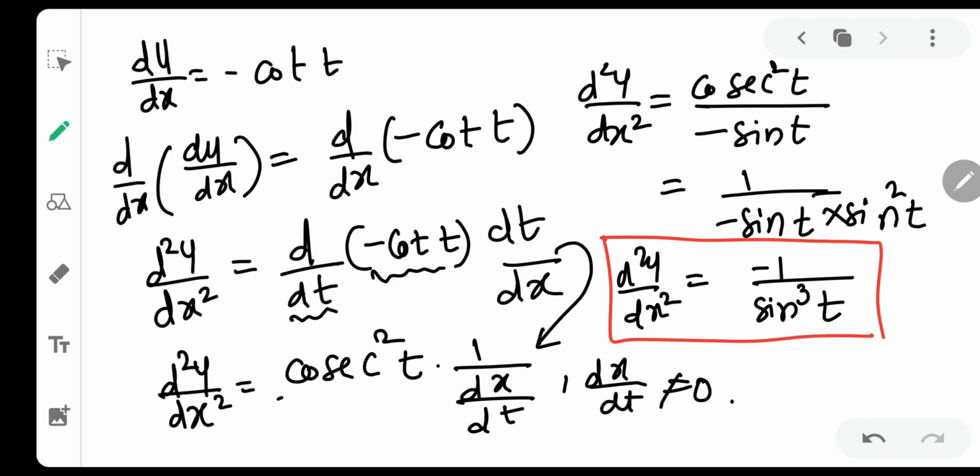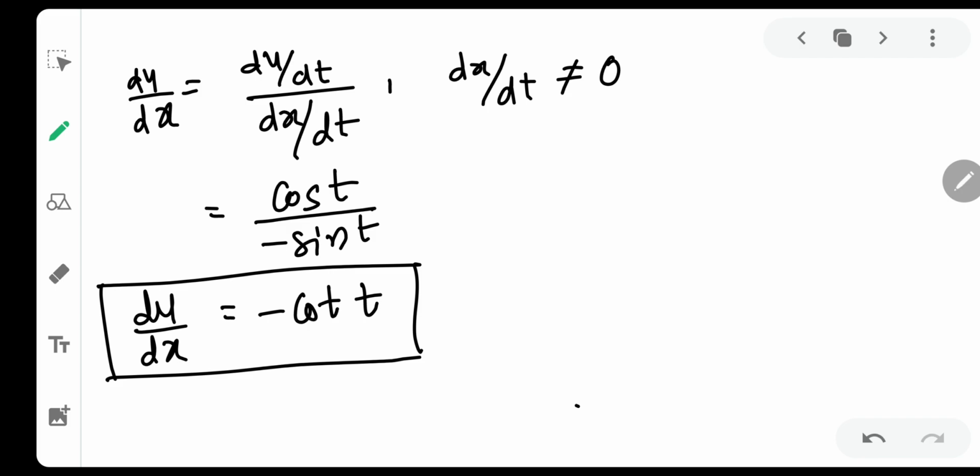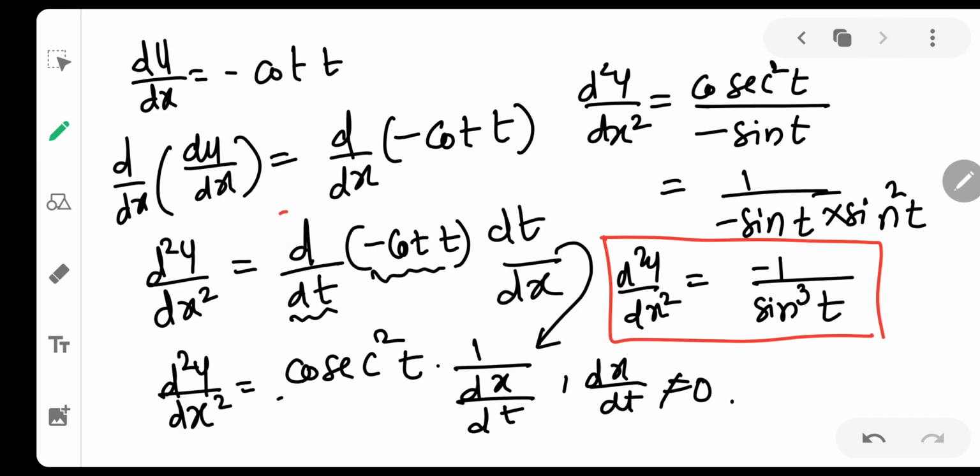Teeny tiny mistakes people make, and because of which the double derivative comes out to be wrong. I hope you understood every single detail, especially this detail which I talked about in detail. Okay, you can differentiate a function of t with respect to t. This is just like a chain rule, I can say. You can apply chain rule also. And this is how this stuff goes.